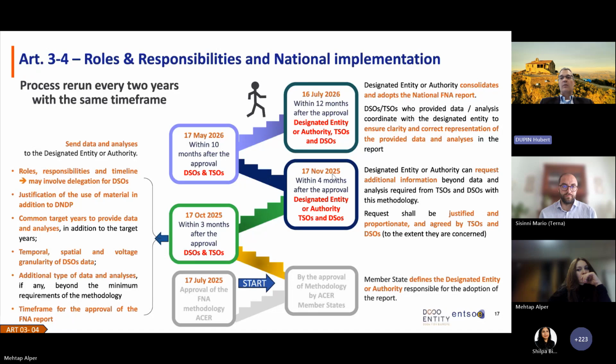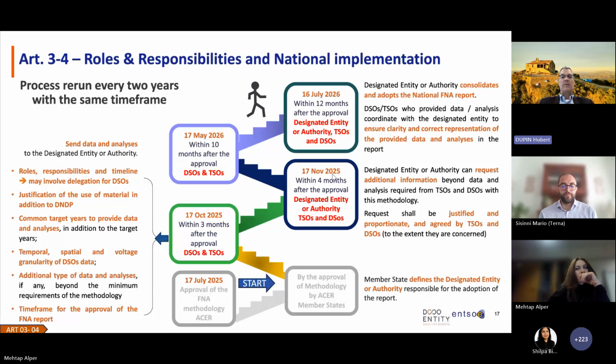And of course, if the national entity seeks the input of DSOs and TSOs, we believe it will be useful and ensure a better report. We advise that this national entity associate DSOs and TSOs that provided data and analysis to the drafting of the final report to ensure that their data and analysis are correctly interpreted or consolidated in the final report.